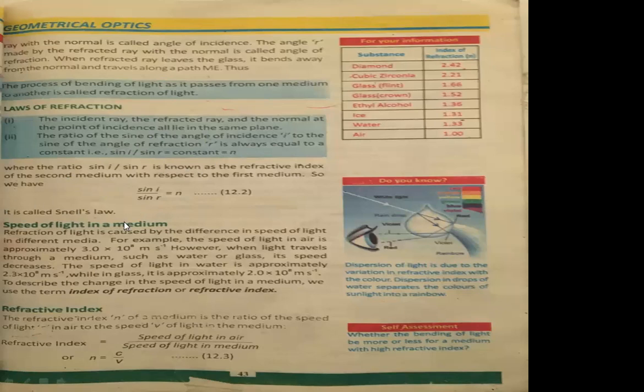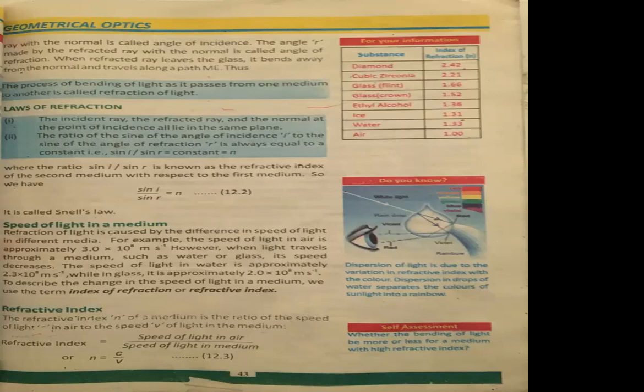Now we have discussed the definition and the laws of refraction, not reflection. When two mediums are involved, you say refraction. When you have the same medium, air, and the light goes back into the air, this is called reflection.